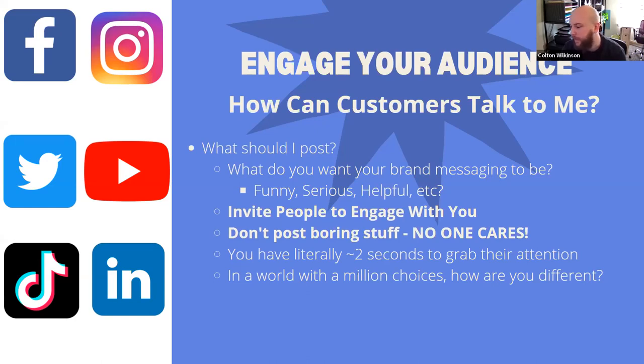And the biggest thing, which is kind of a common theme throughout this presentation but definitely applies to social as well, is how are you going to be different from all of the other choices that a user has when they're in the market to buy literally anything? We live in a highly developed society.